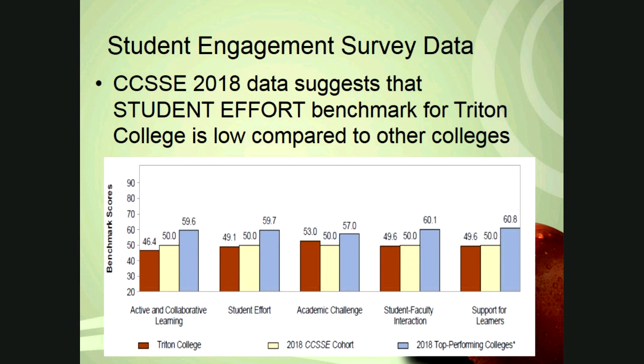One of them is active and collaborative learning, student effort. That's what we're focusing on when we talk about the topic of motivation and how much effort our students today are really putting in their studies in our classes. Then we have academic challenge, student-faculty interaction, support for learners.